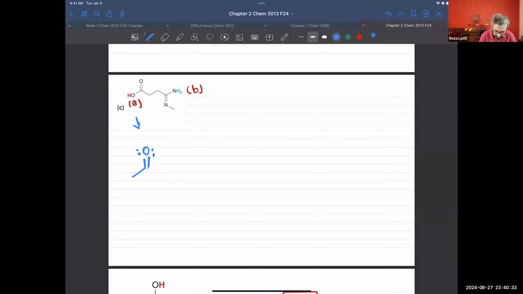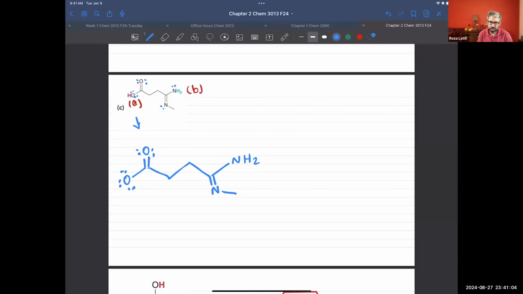And then I have oxygen here, and oxygen is going to have 3 lone pairs. Then I have carbon, carbon. Then here, nitrogen, methyl. This is going to be nitrogen with NH2. Remember, in order to satisfy the octet for oxygens or nitrogens, we need to add lone pairs here: oxygen, 2 lone pairs, and each oxygen, again, 2 lone pairs.